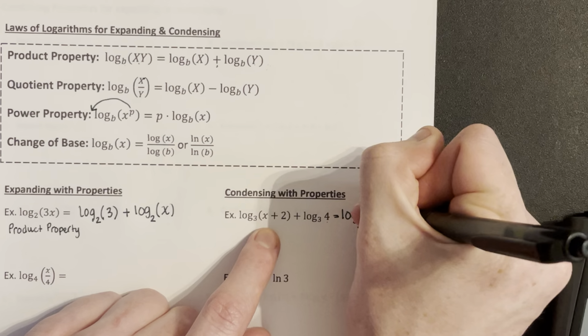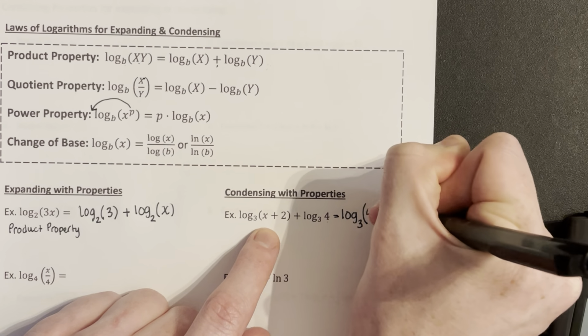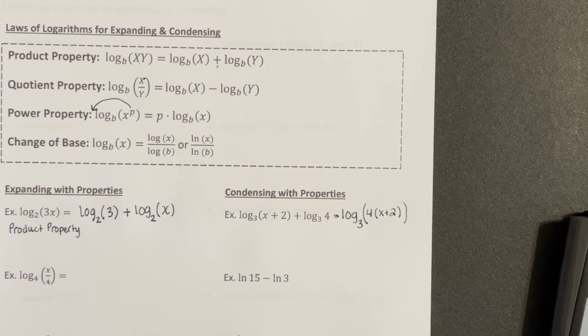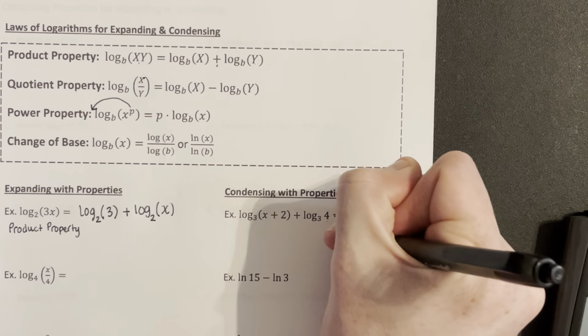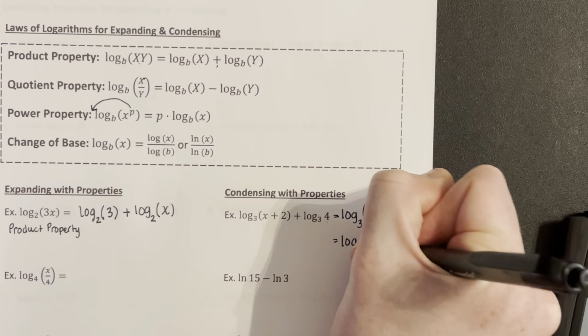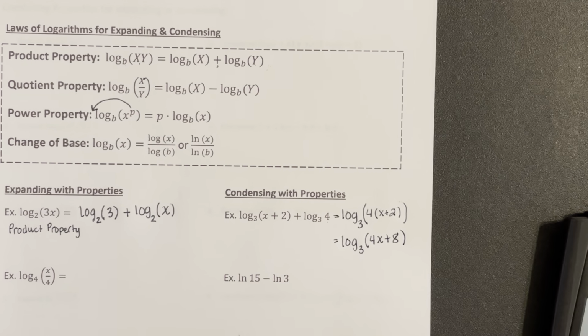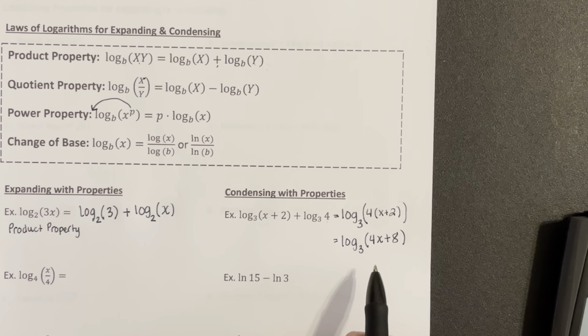So this is going to be really 4 times x plus 2. And if I distribute, we could simplify it a little bit further to say log base 3 of 4x plus 8. But I can't do anything else inside of that log.